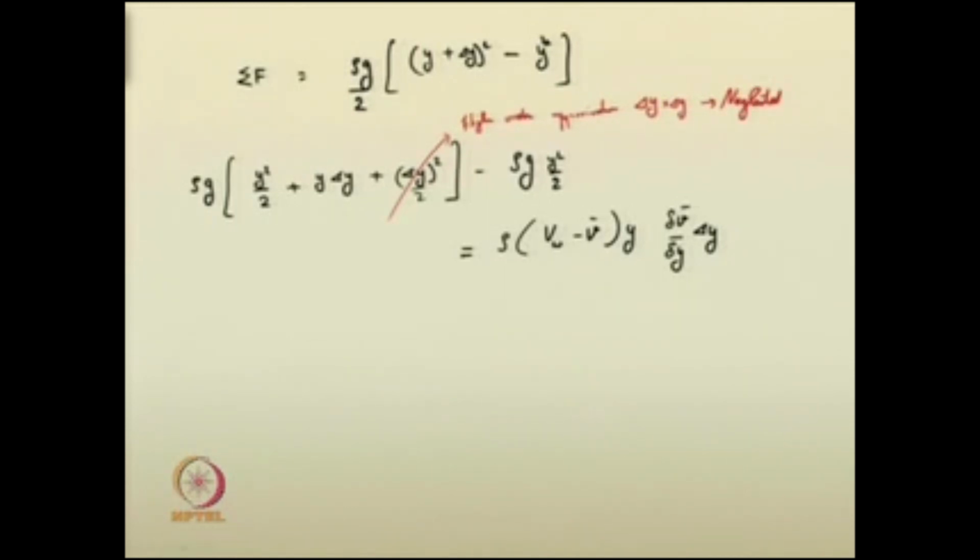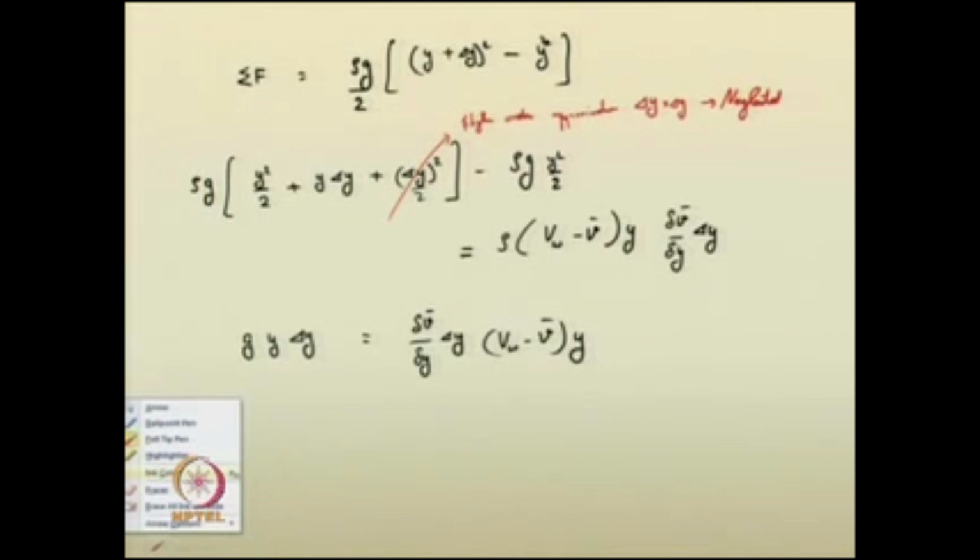Okay. So, I can write the equation now in the following form. What is this? This is nothing but g into y del y, right. g into y del y is equal to del V bar by del y into delta y into (Vw minus V bar) into y.